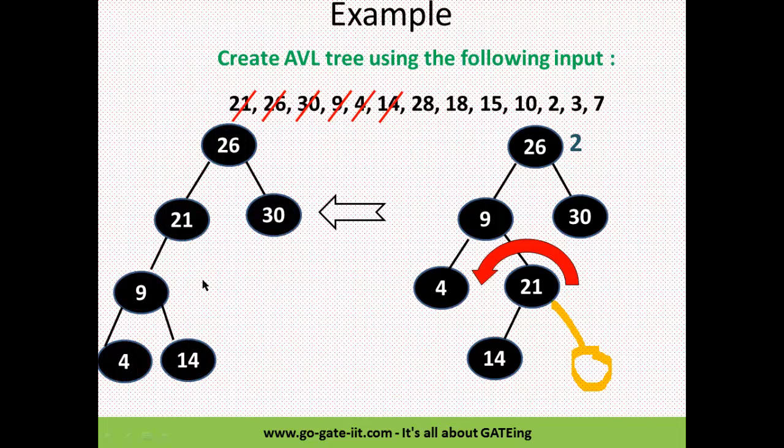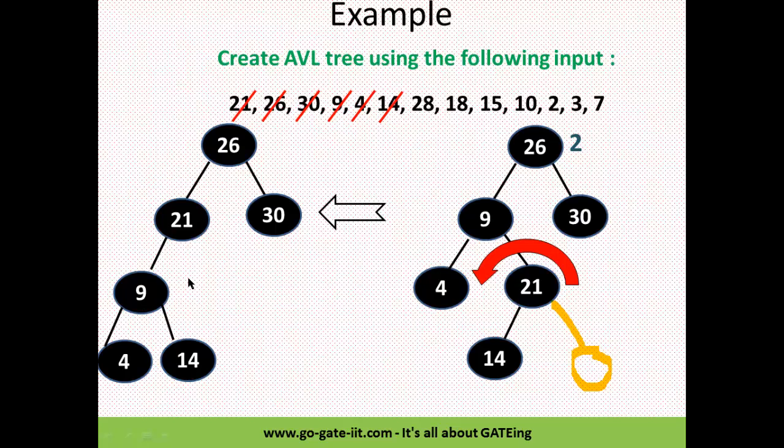What we have done here is pushed 9 up with the help of 21 due to left rotation, and there is null on the right hand side of 21, so it is empty. 14 will disconnect from 21, but since it is greater than 9 and lesser than 21, that's why 14 is on the right hand side.